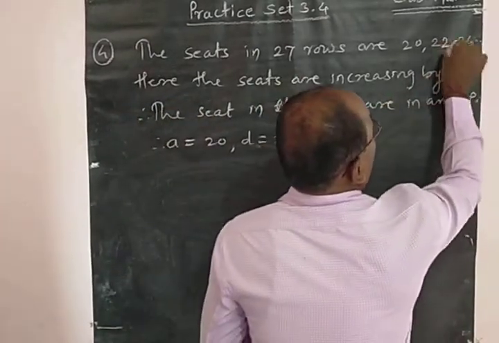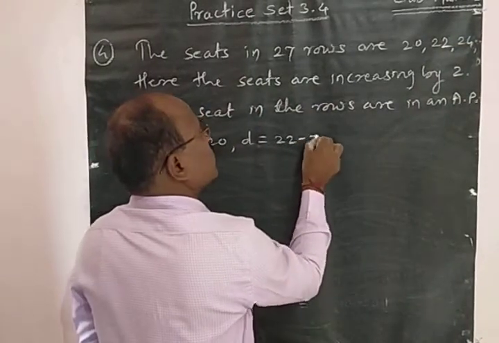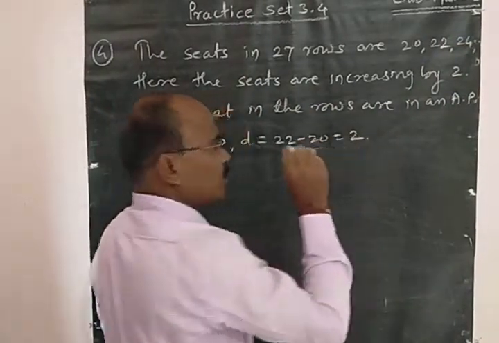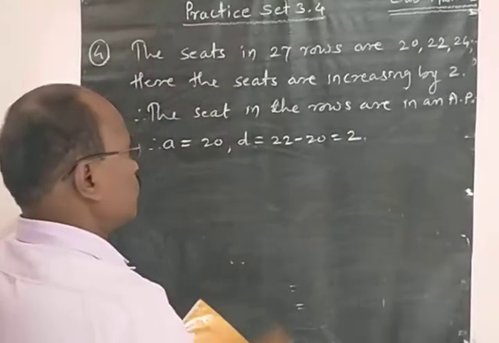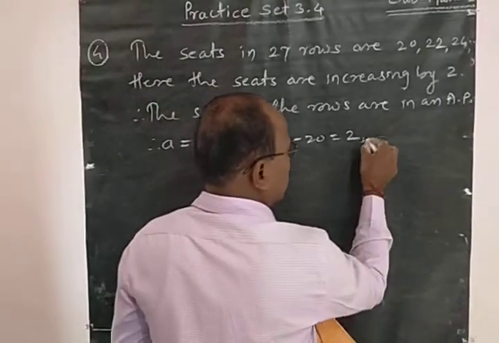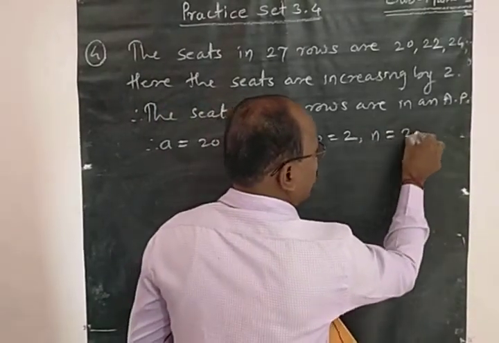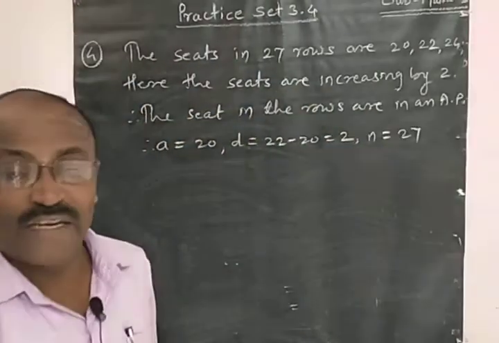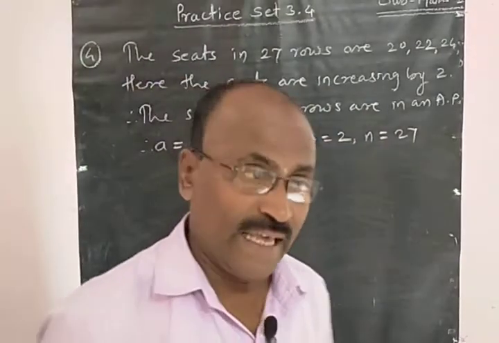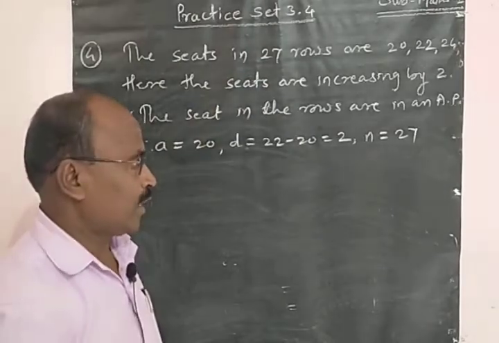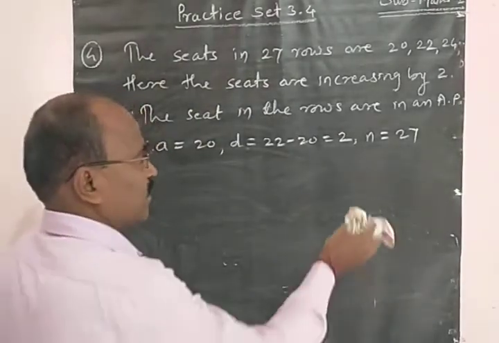22 minus 20, that is equal to 2, increasing by 2. Okay, and N is equal to how much? 27, because 27 rows are there in total.